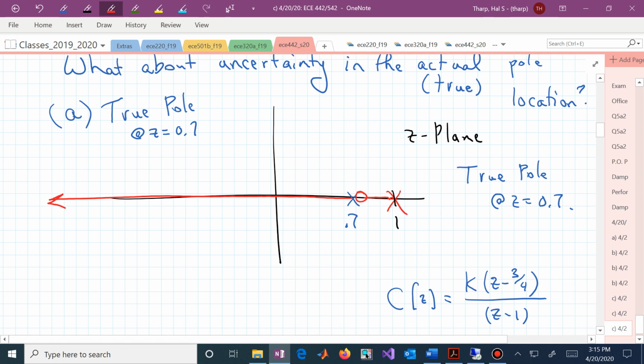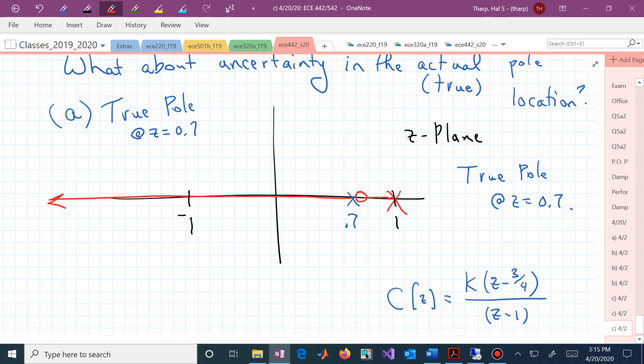That piece between 0.75 and 0.7, which is hard to see, but that segment on the real axis does not belong to the root locus, nor does the segment from 1 to plus infinity. We know that that pole at 0.7 is going to zip off to minus infinity, and what we want to do is make sure it doesn't go beyond -1, because then we would be unstable.